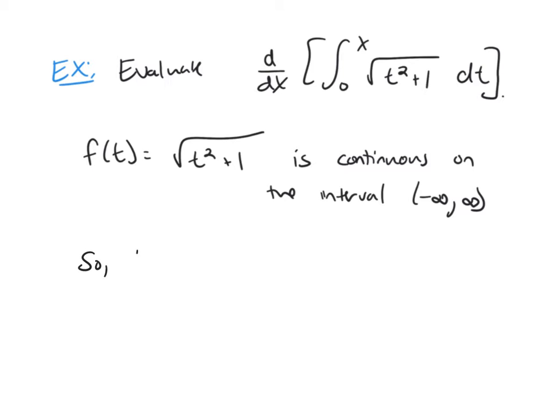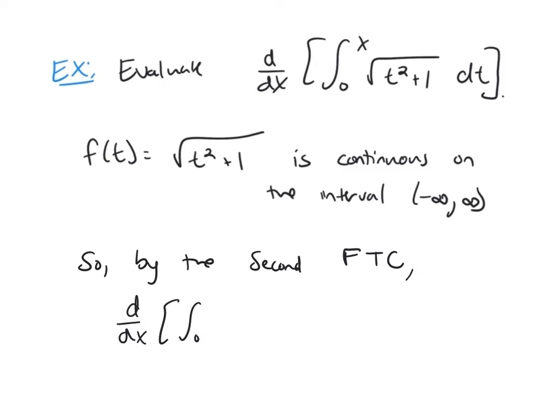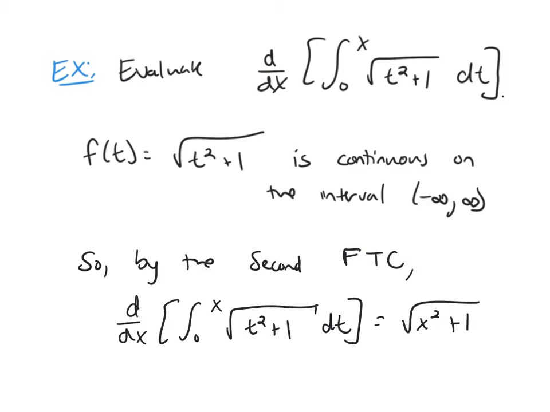And so by the second, and I'm going to abbreviate fundamental theorem of calculus as FTC, the derivative from 0 to x of the square root of t squared plus 1, you just replace t by x. So the answer is the square root of x squared plus 1. There's my derivative right there.